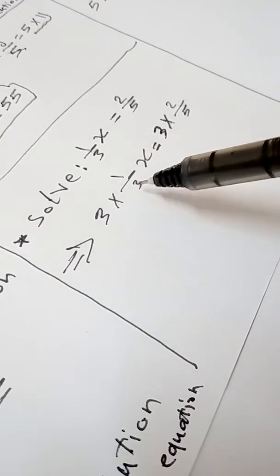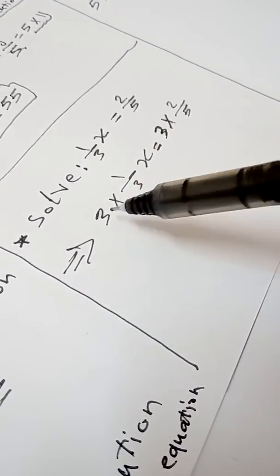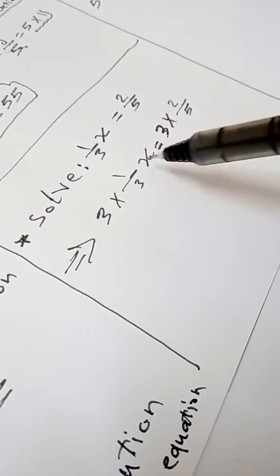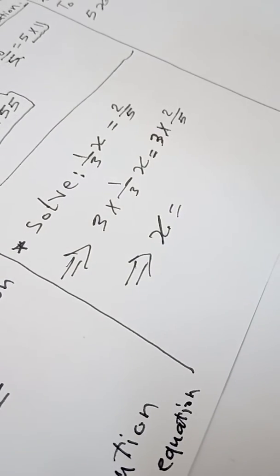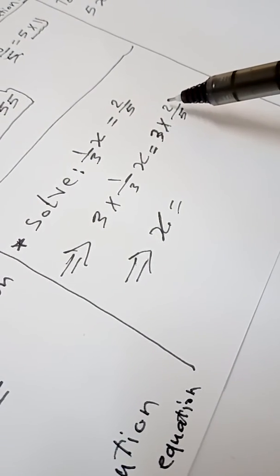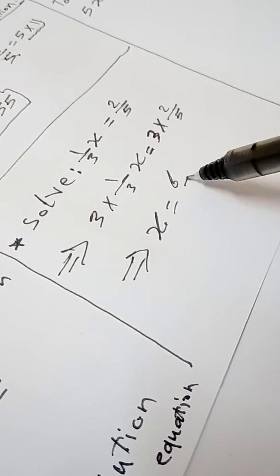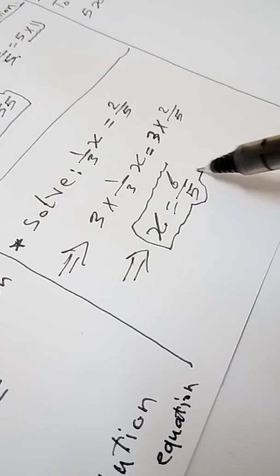Three multiplied by 1 over 3 will be 3 over 3 will be 1. 1x means we have x. Now 3 times 2 will be 6 over 5. 6 over 5, this is the solution.